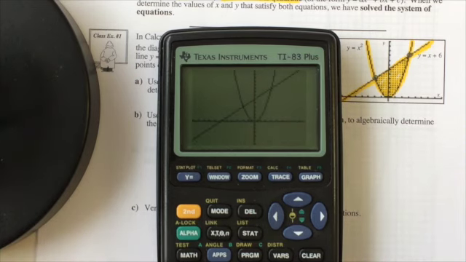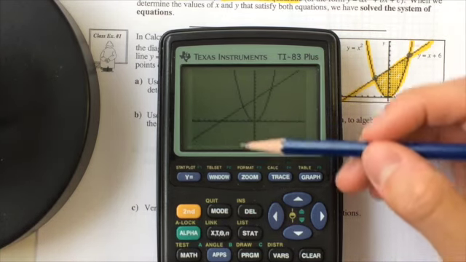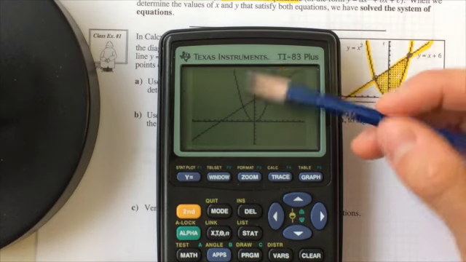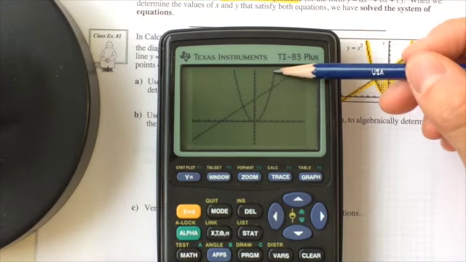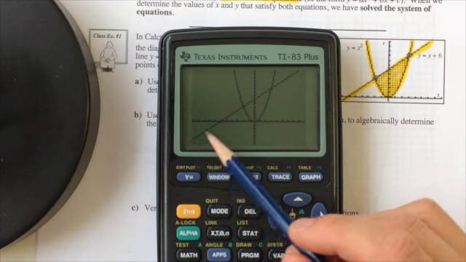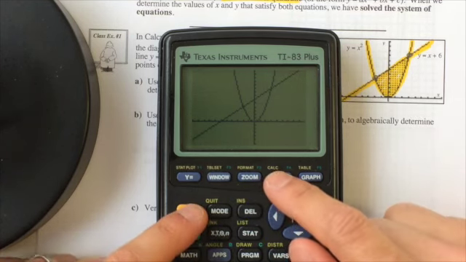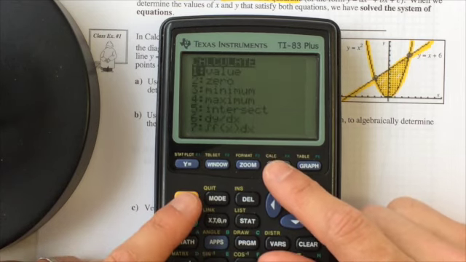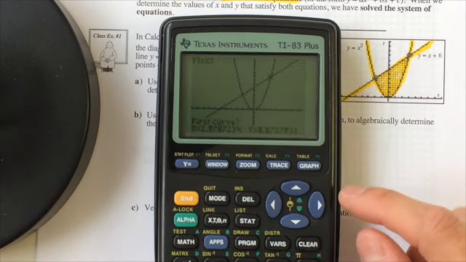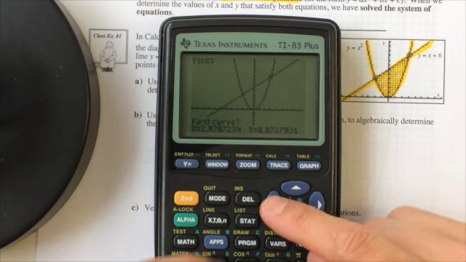When I graph those, I'm going to get 2 lines on this graph. I have my y equals x squared, which is right here, and then my linear equation, which is y is equal to x plus 6. The next thing we want to do is use our intersection feature to find out where these 2 points intersect.